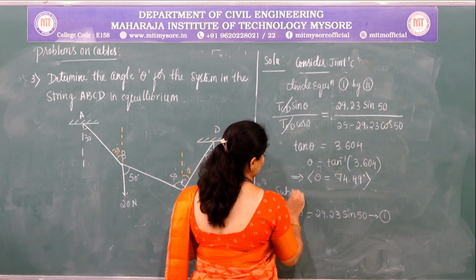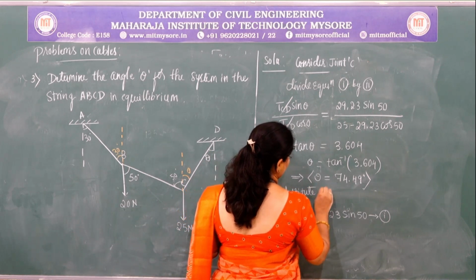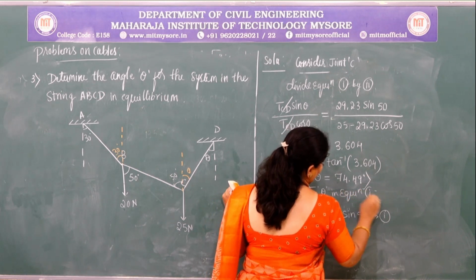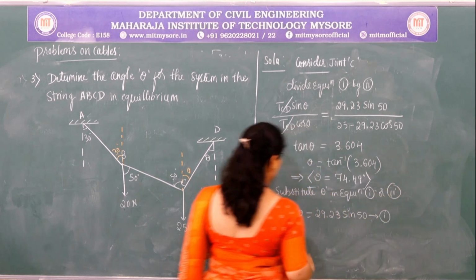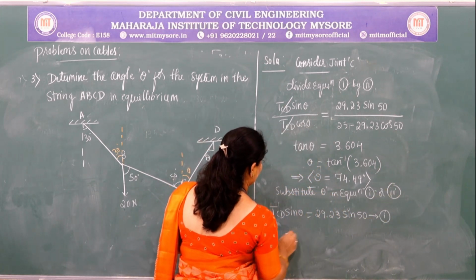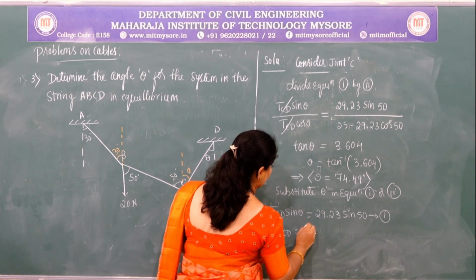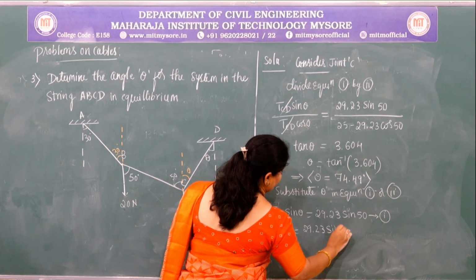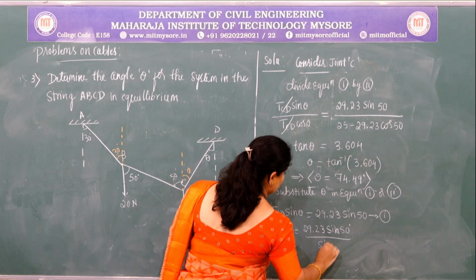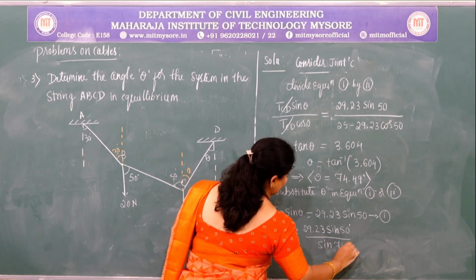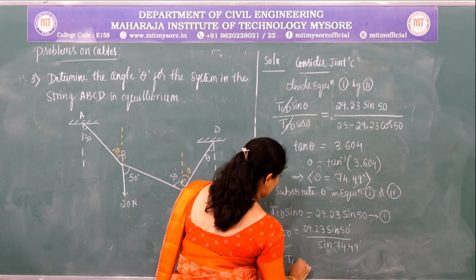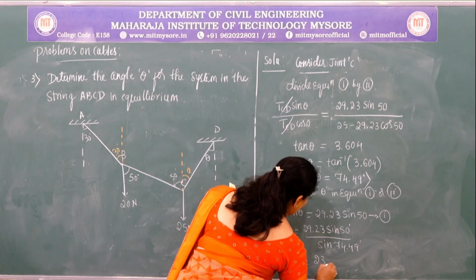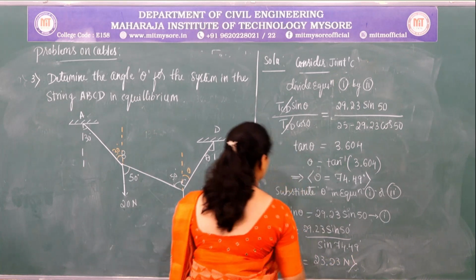So on substituting this value, TCD will be equal to 29.23 sine 50 divided by sine of theta, which is 74.49. So on solving this, we will get the value as 23.23 Newton.